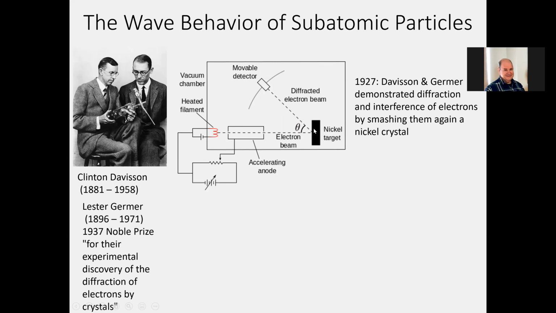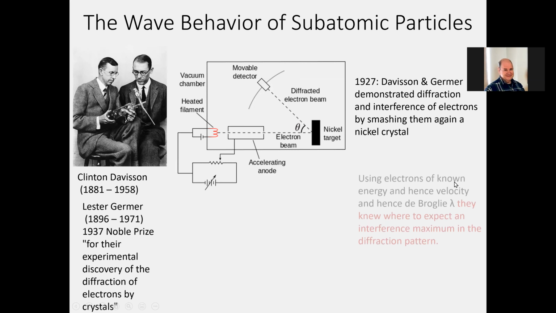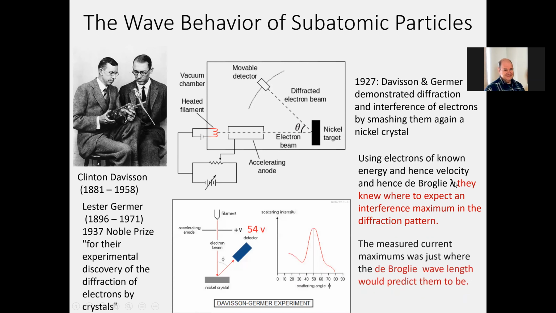By knowing the energy of the electrons they're using, and therefore the momentum, they can calculate this crazy de Broglie wavelength. If they were shooting light waves at this physical target, it would bounce off with a diffraction pattern. They could calculate theoretically the diffraction pattern that true waves would give off.